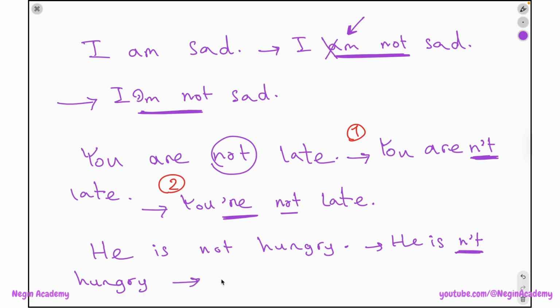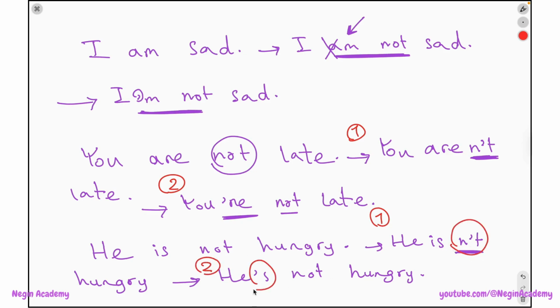Next option is that we could say he's not hungry. He is not hungry. Let me write it with the red here. Here we contract not. Here we contract to be. So I insist on it. It's optional, guys. You could use the first one or the second one. Doesn't matter.